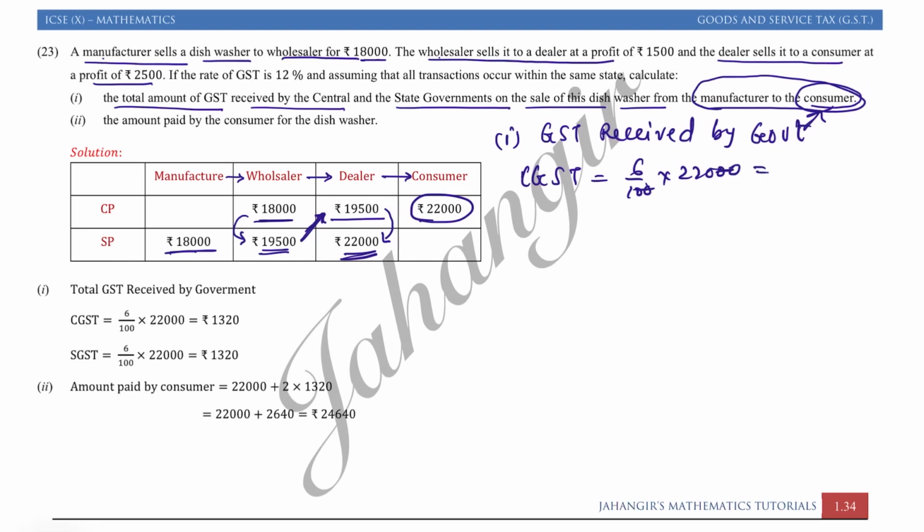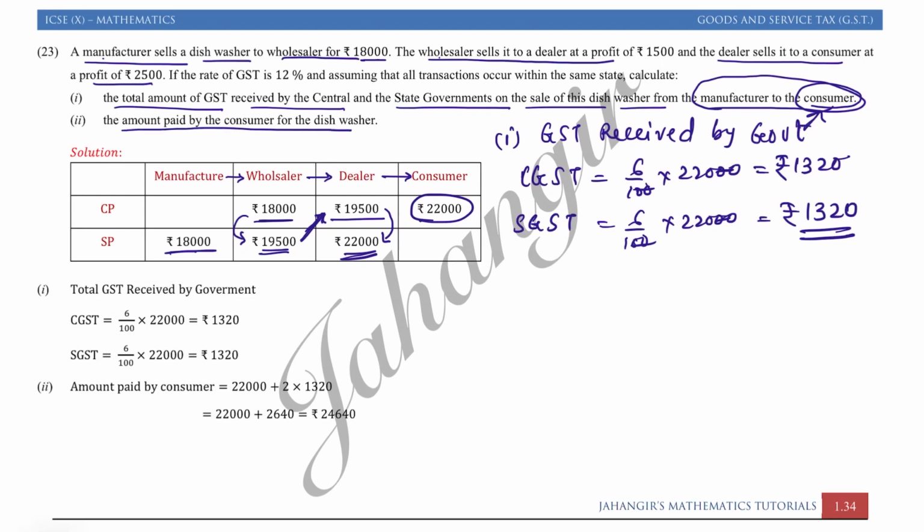So 22 into 6 is 1320 rupees. SGST will be the same, again 6% of 22,000. 22 into 6 is 132, so 1320 rupees.